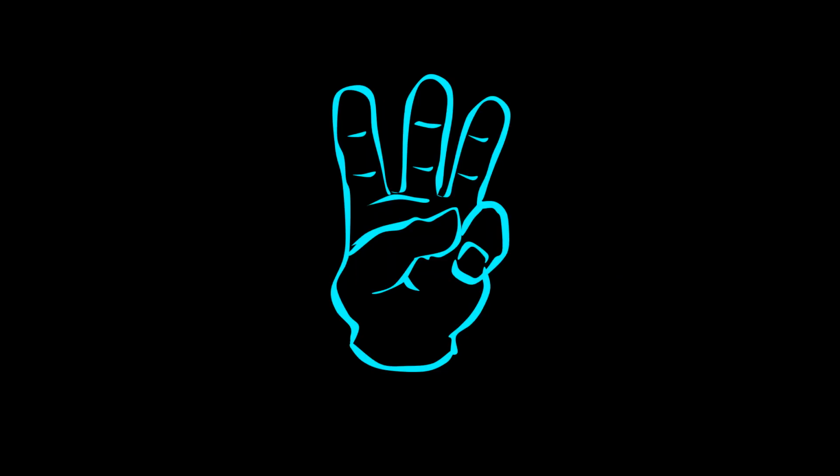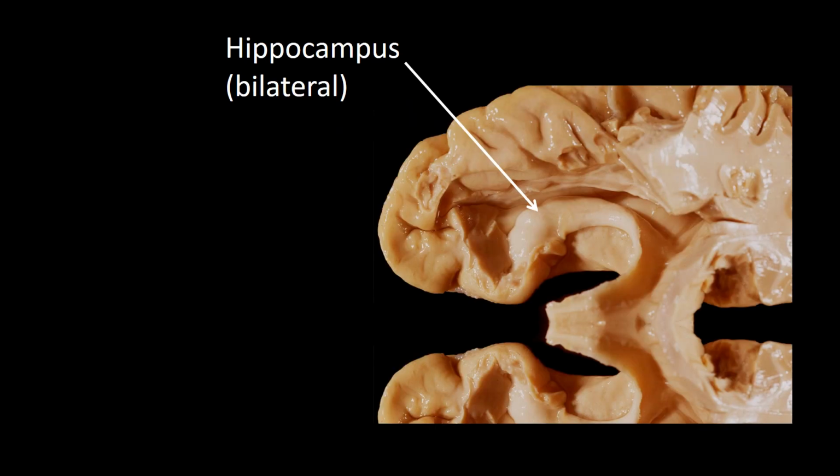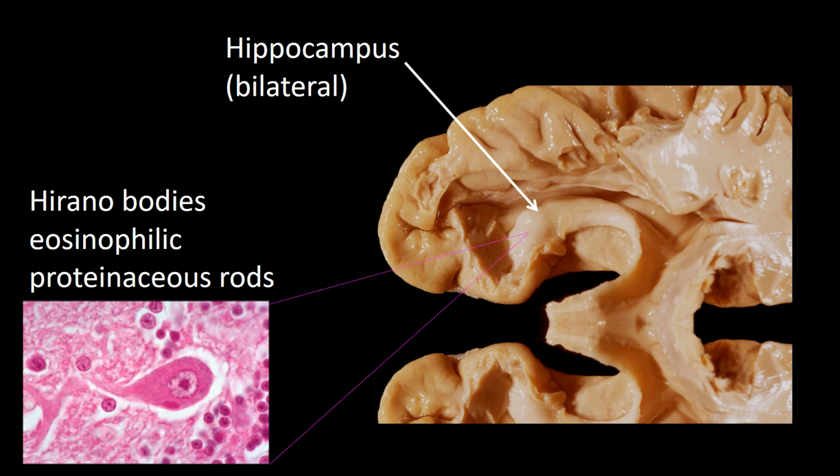The third characteristic histological finding in patients with AD is found in the hippocampus. It consists of Hirano bodies. They are cytoplasmic eosinophilic proteinaceous rods made of actin and actin-related proteins.